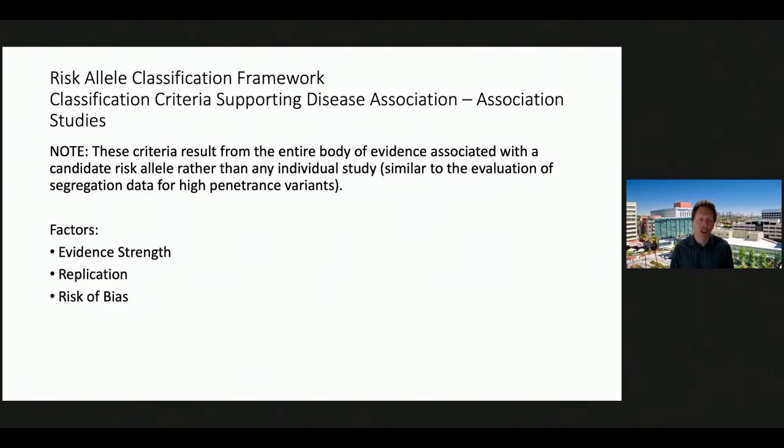When you're looking at segregation data, you're going to take multiple publications and wrap that together to get your evidence strength. So for these association studies, the main factors were the evidence strength. Typically that comes in the form of the number of individuals studied, replication of the results. So you want to see that the association is still present in independent cohorts, and then the risk of bias in the study design. Can we go to the next slide, please?